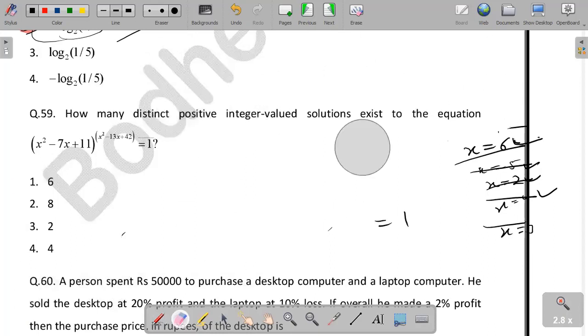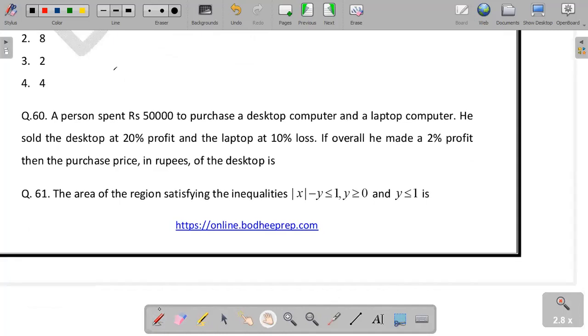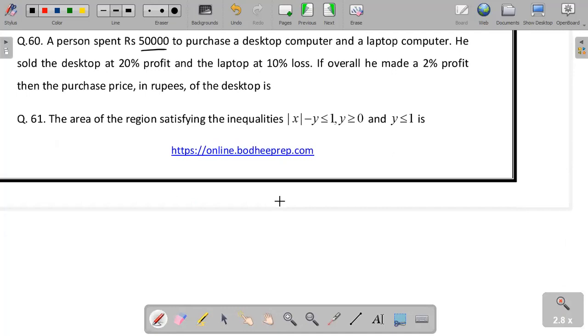I hope I am not missing any case, ठीक है. तो let's see the next question. A person spent rupees 50,000 to purchase a desktop, ठीक है, and a laptop computer, 50,000 together. He sold the desktop at 20% profit and the laptop at 10% loss. If he overall made a 2% profit, then the purchase price of this, ठीक है. सिंपल एलिगेशन का क्वेश्चन है कि उसने 20% एक पे लगाया, -10 एक पे और 2 यहाँ पे आ गया, तो ये 18 आ जाएगा, है ना.